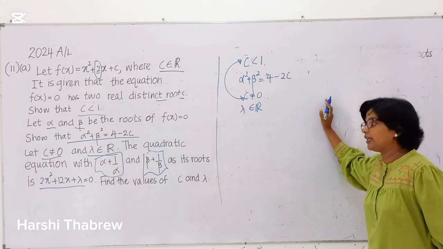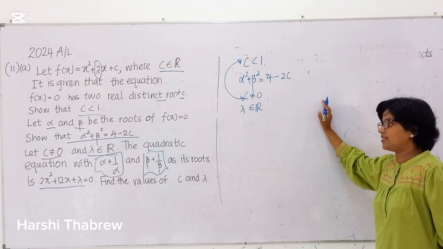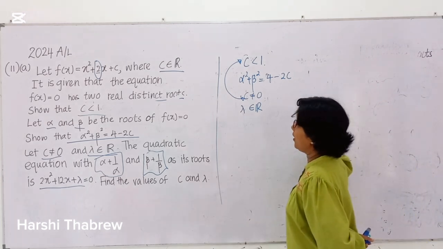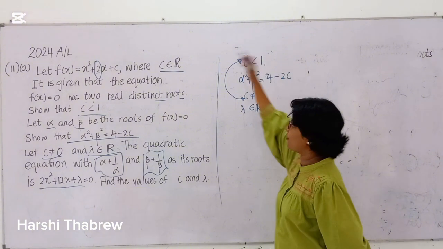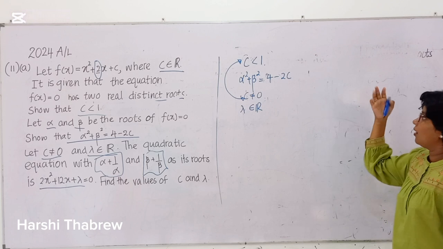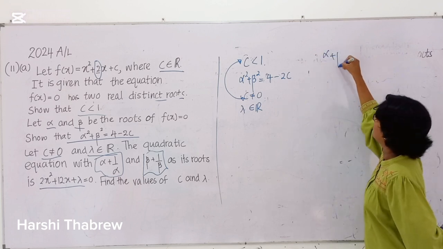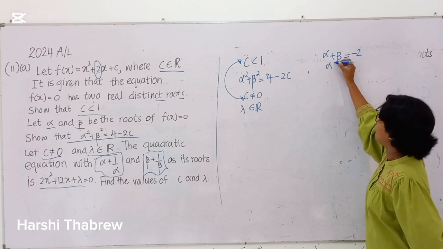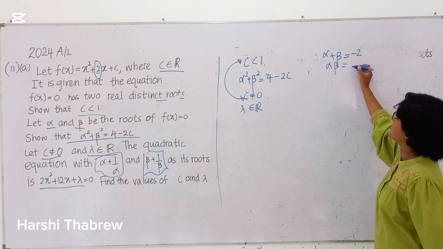Before that, we should build up the new quadratic equation in terms of the coefficients of the previous one by using alpha plus beta. What is alpha plus beta we found? It's minus 2. Alpha beta was c.